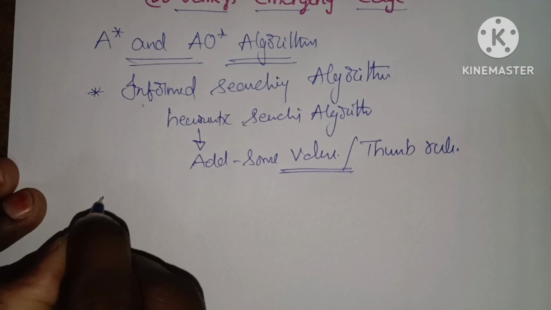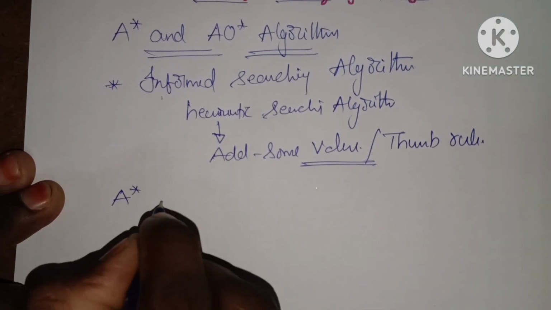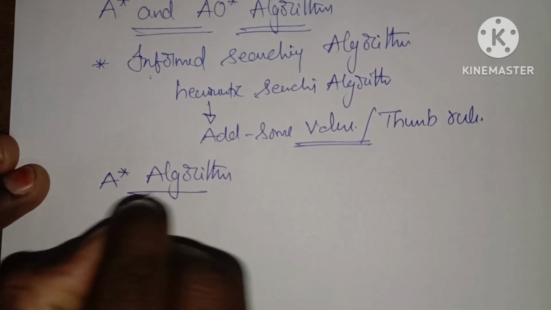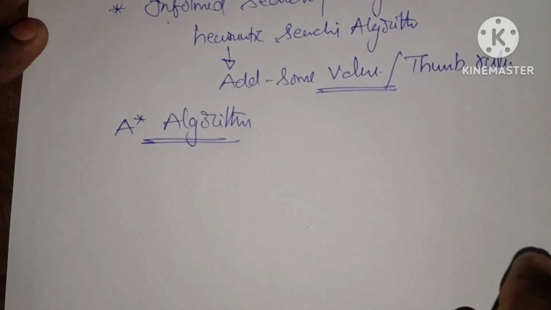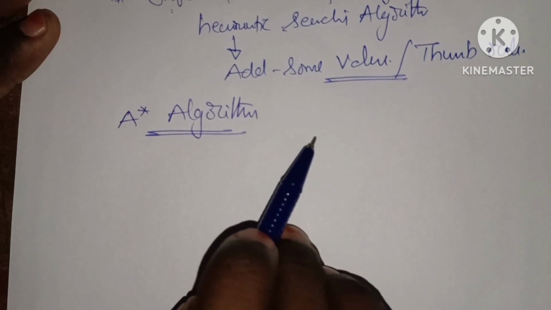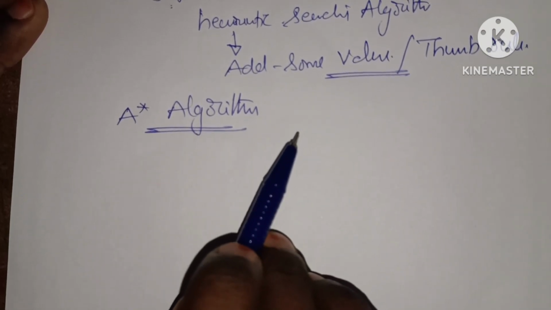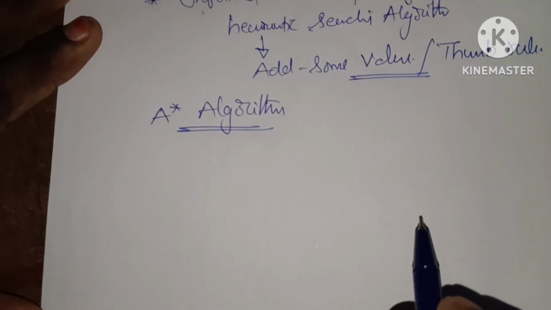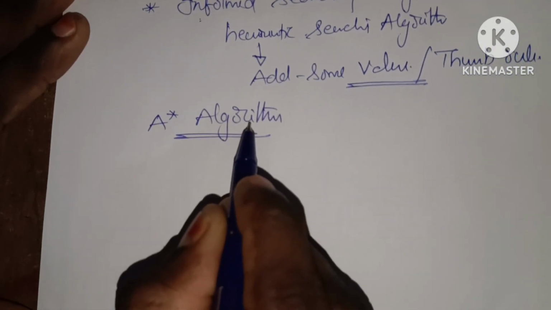First of all, we discuss what the A star algorithm is. Generally the informed searching algorithms are of different types. One is best first search, another is the A star algorithm, another is the AO star algorithm. But here we discuss the A star algorithm.